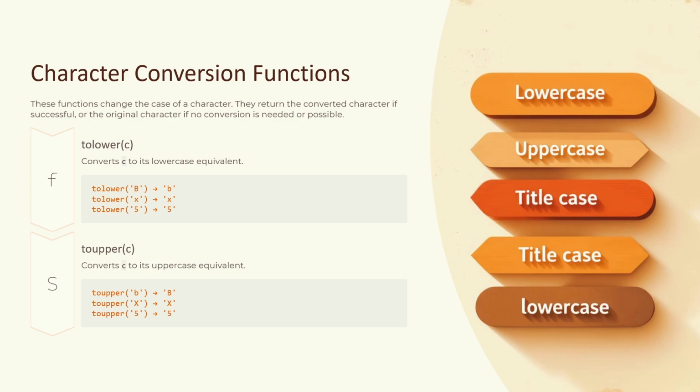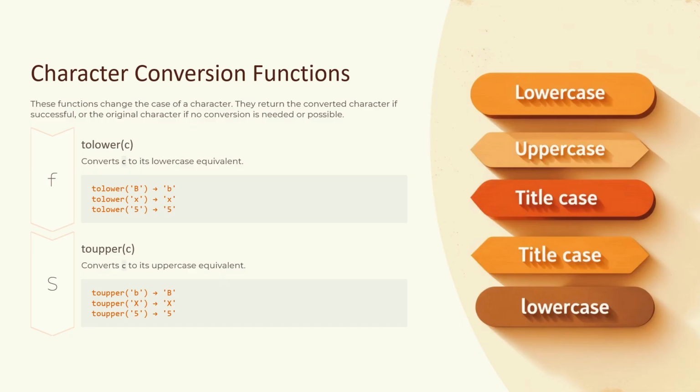Similarly, the toUpper function converts lowercase letters into uppercase. For example, toUpper of small b is going to convert it to capital B. toUpper of capital X is going to be capital X only because it is already in uppercase. toUpper of capital S is going to be capital S only.